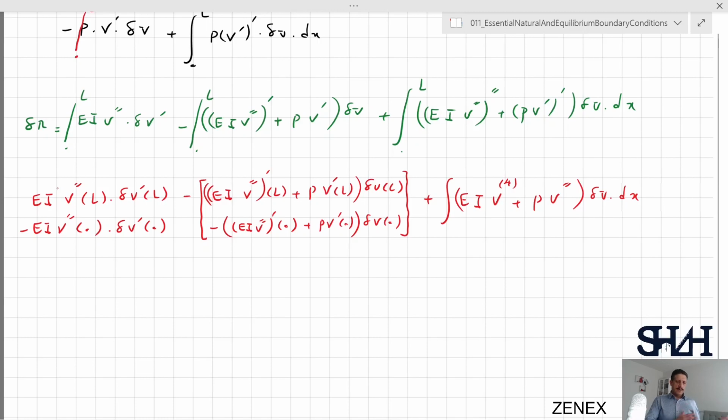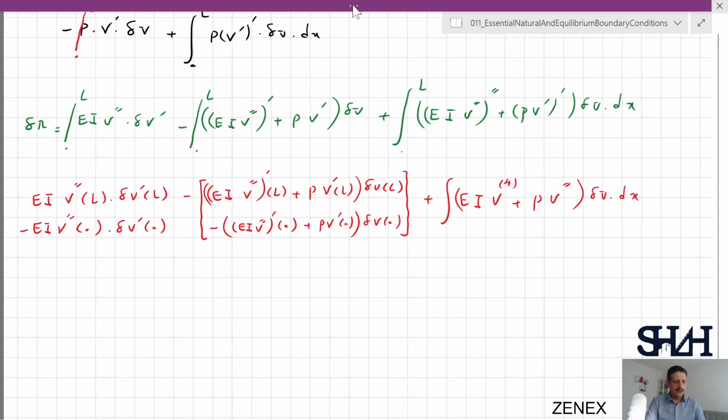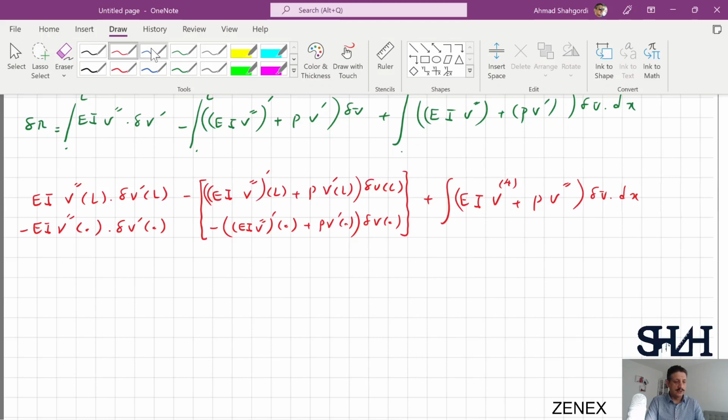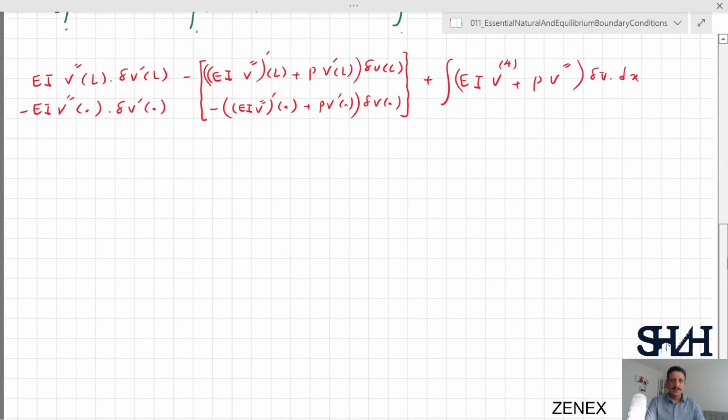Now we have to come back to our case to check what kind of situation we have for the beam. Let's start with a simple one. A beam with the length of L from point A to B, which is subjected to a compressive load P at point B. So in this case, we know that bending moment at both ends is 0, and also deflection at both ends is 0.